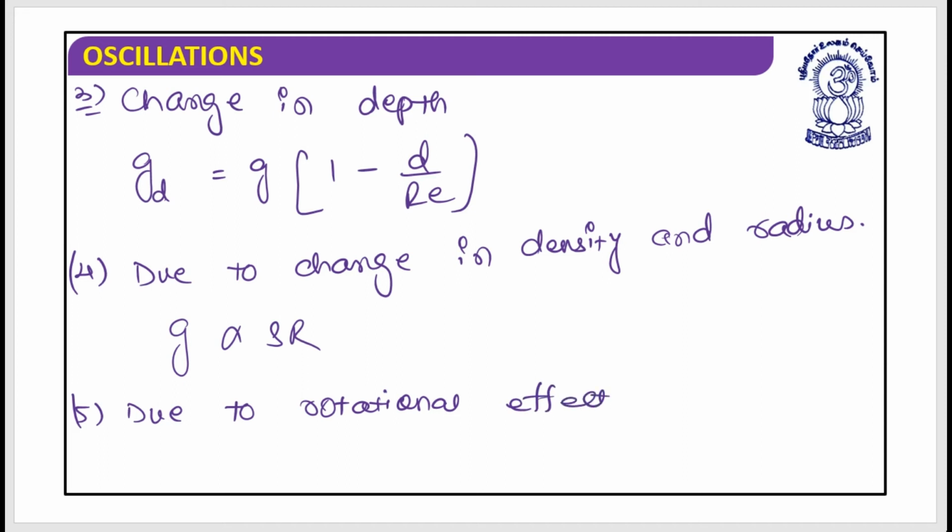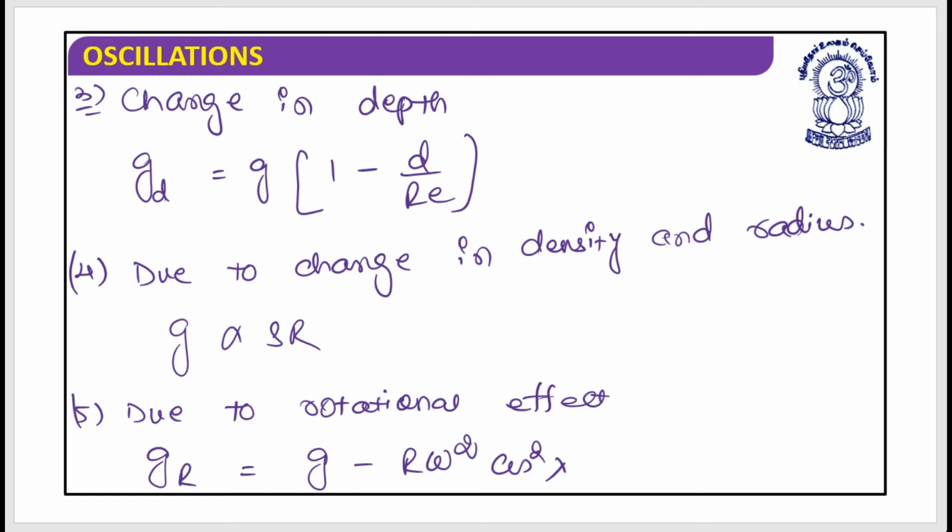Due to rotational effect, g is equal to g minus R omega square cos square lambda, where lambda is the latitude. Correct. So these are all the variations with which we can change g, and if g changes, the time period automatically changes. I hope this is clear.